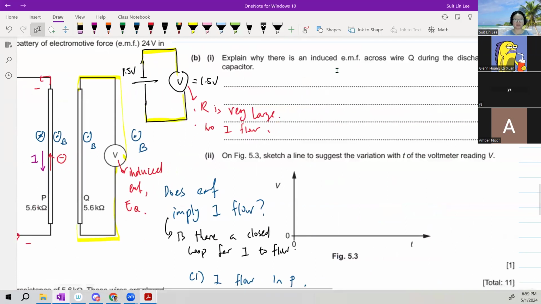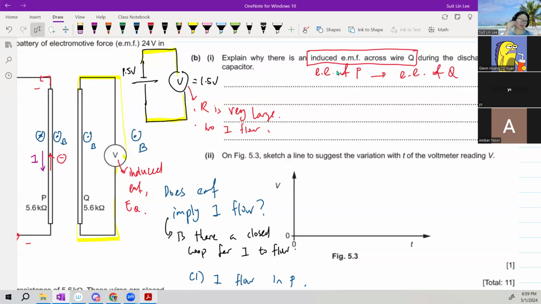So this induced EMF across wire Q is not a potential difference because it is basically the electrical energy of P converted to the electrical energy of Q. So I cannot use the definition of EMF anymore because, I don't know. Q does not have a current unless I replace V with a resistor.